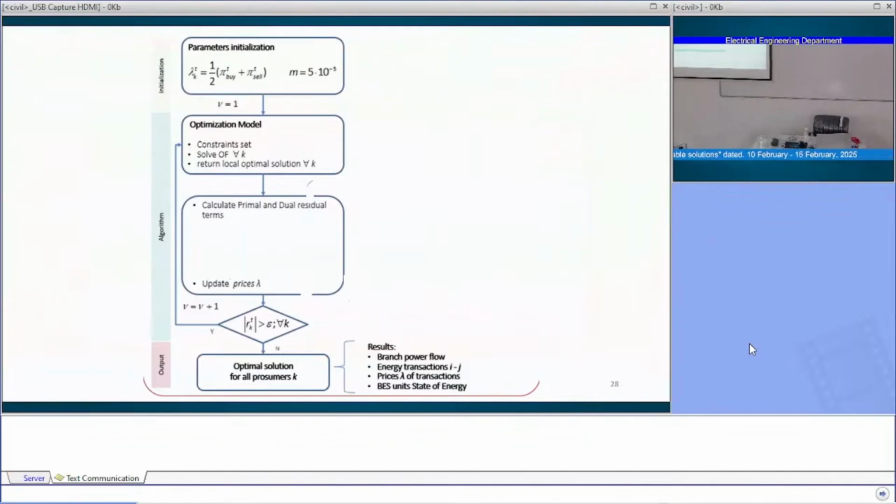And then obviously we have the optimization model, and we obtain a solution that does not meet the requirement that the power that is sold is equal to the power that is bought.